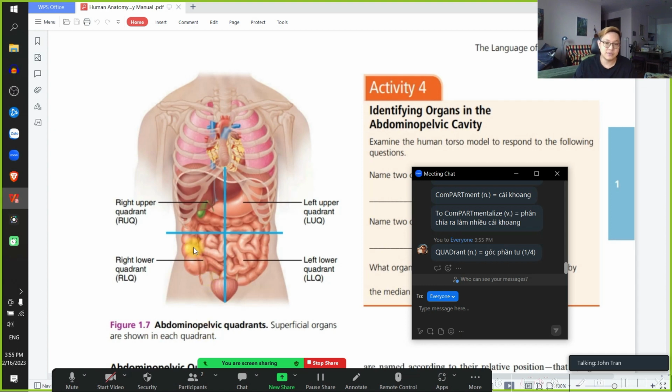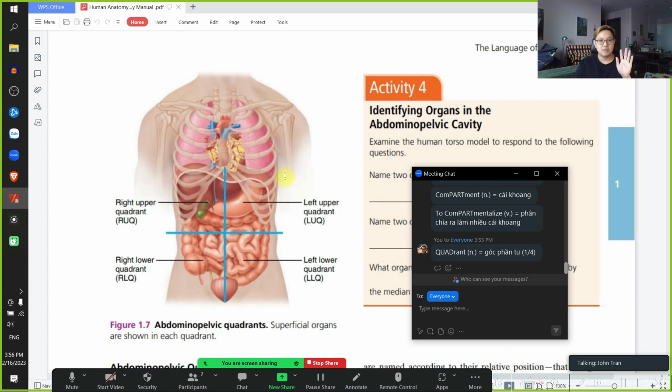It means that all these organs you can see easily when you open the stomach, you open the belly of someone. But you do not see the kidney here or anything that is not superficial. Mình không nhìn thấy cái thận hay những cái gì đó mà nó không nằm bên ngoài.